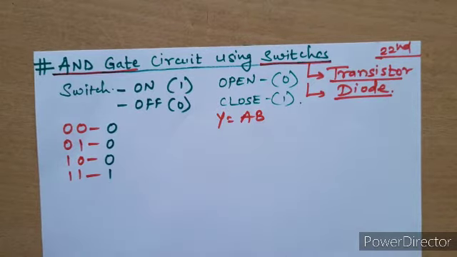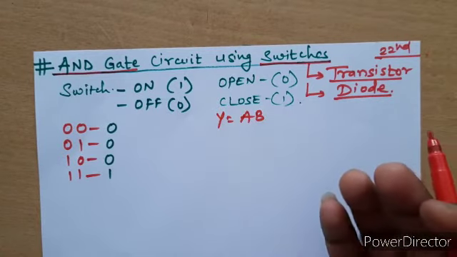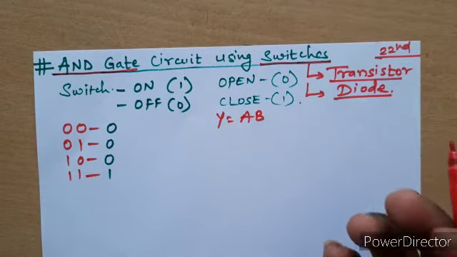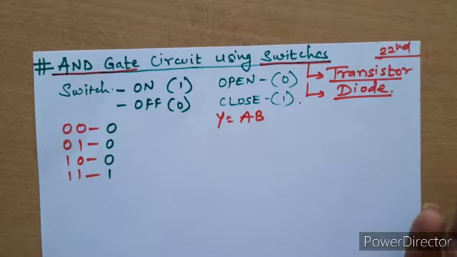Now just saying something, this AND gate will not work. We have to actually form the circuit of that, a physical circuit. It's like just telling the compiler, please tell me whether my entered number is even or odd, will not work.